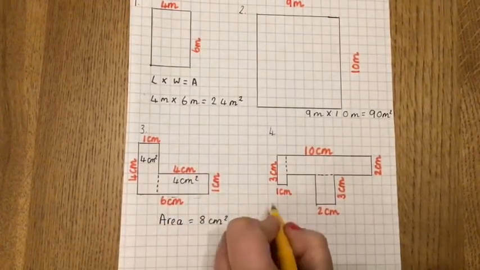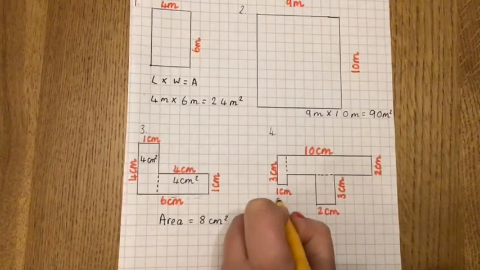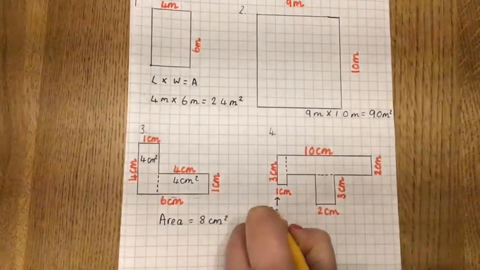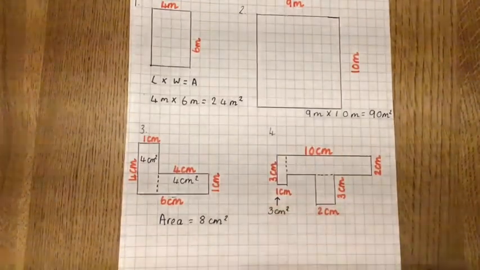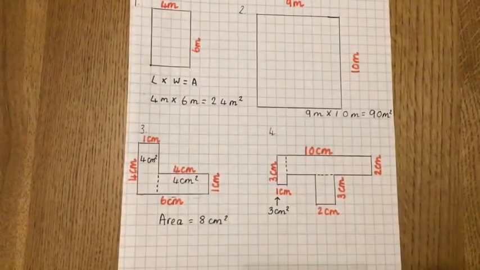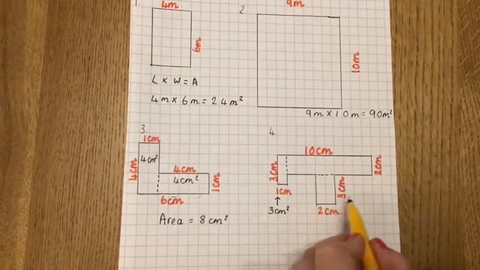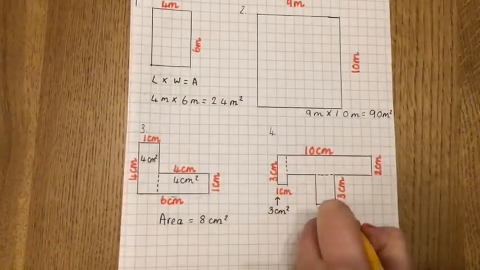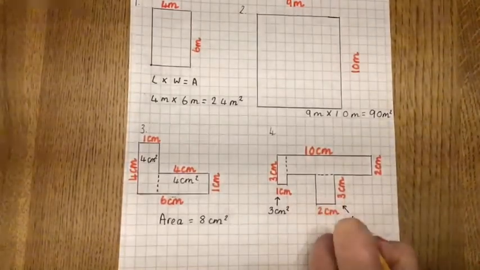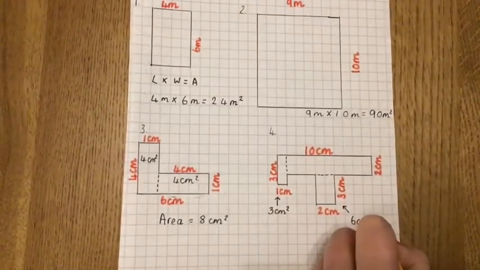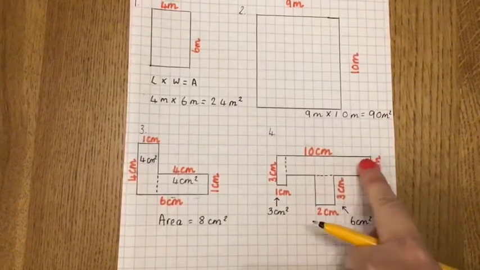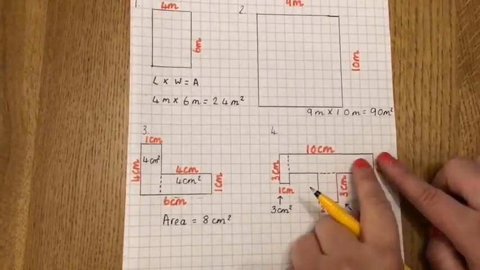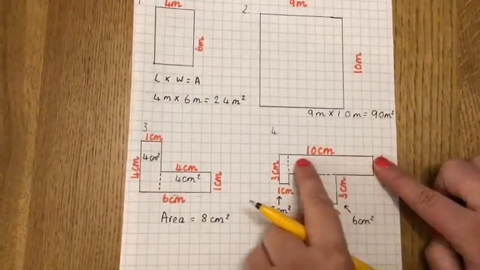Now, because my box is quite small, I'm just going to draw an arrow and remind myself that that bit there has an area of 3 centimetres squared. Okay, this one here, 2 centimetres by 3 centimetres is 6 centimetres squared. Now, this bit here is a little bit more complicated because I don't want to know the whole length.